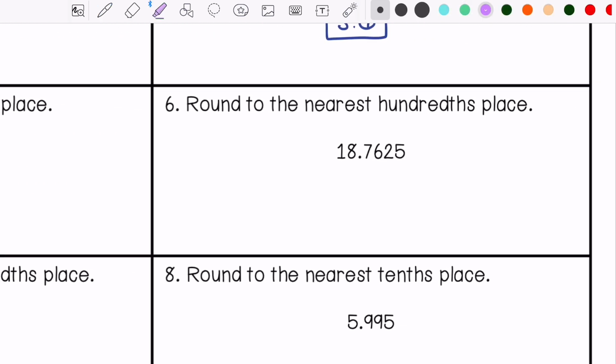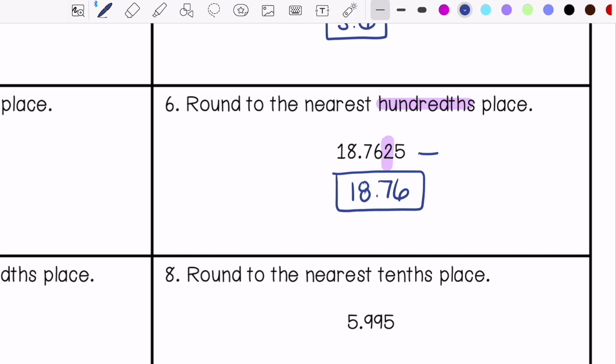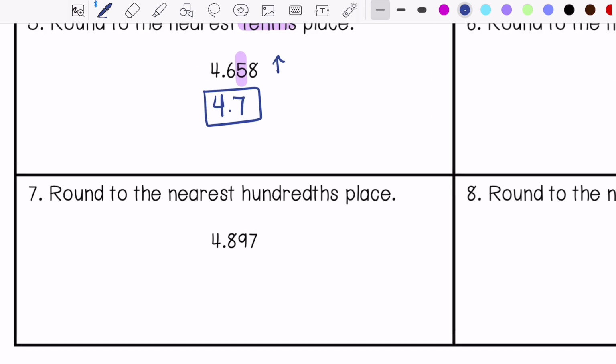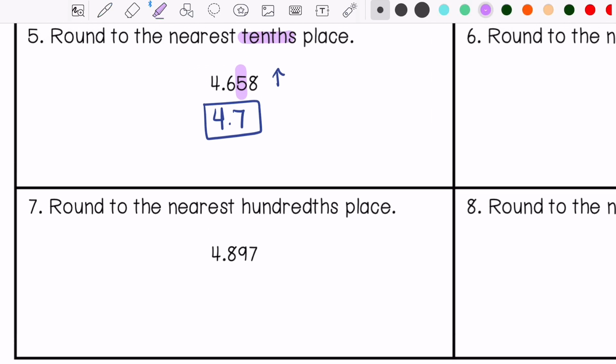Round to the nearest hundredths place. Look at the thousandths. 4 or less, let it rest. 18.76. Round to the nearest hundredths. Look at the thousandths place. 5 or more, raise the score. So this goes up to 9.